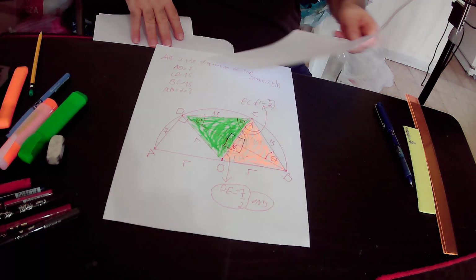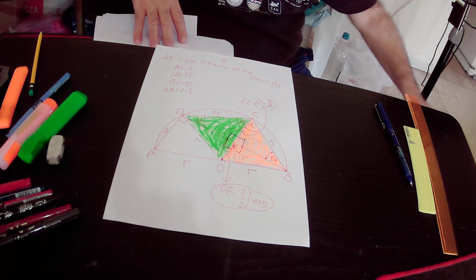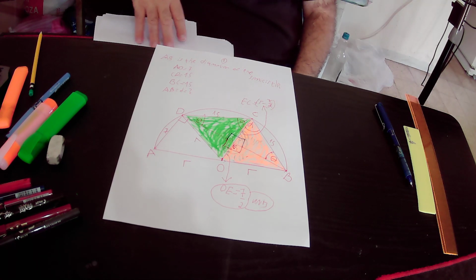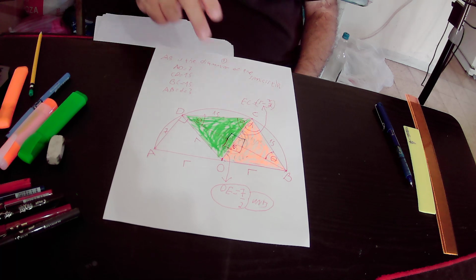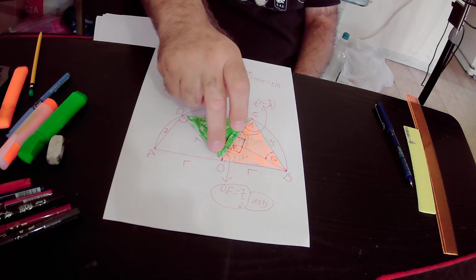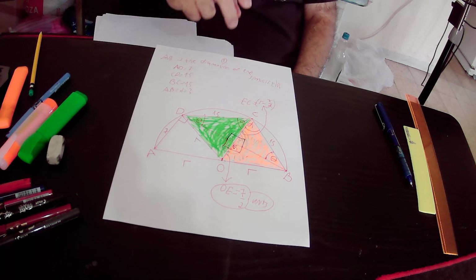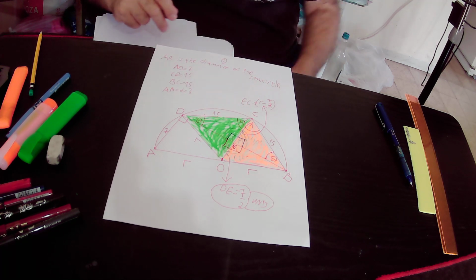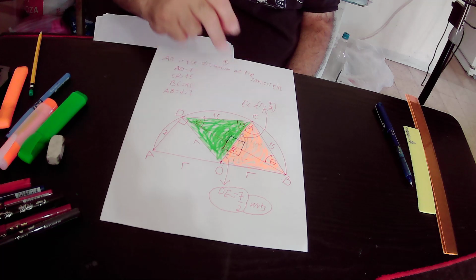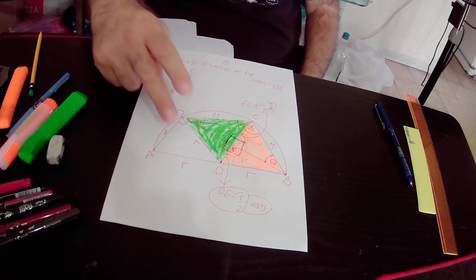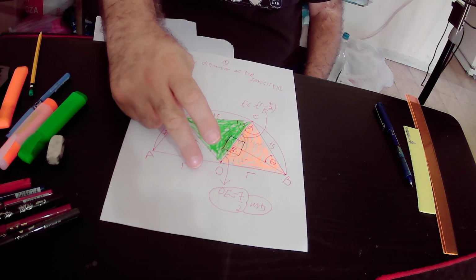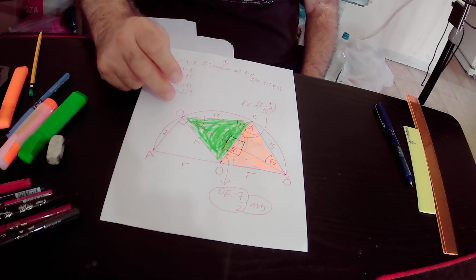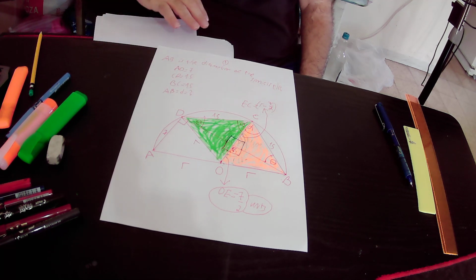Okay, then we defined the center of this semicircle as point O, and we connected together points O and C by a straight line, and we also connected together points O and D by a straight line.